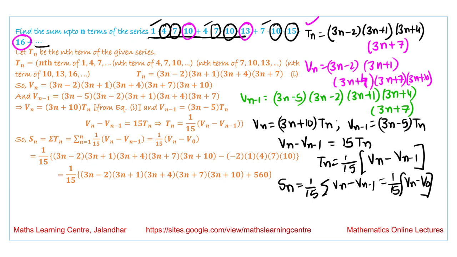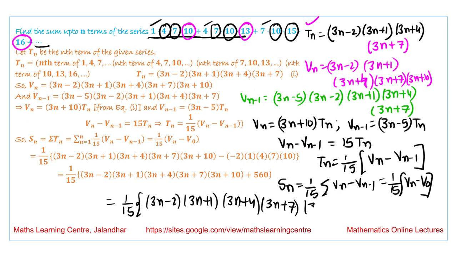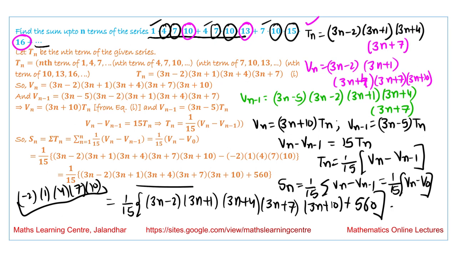If we substitute the values over here, we obtain 1 by 15 into 3n minus 2 into 3n plus 1 into 3n plus 4 into 3n plus 7 into 3n plus 10, plus the product of the terms, which is minus 2 into 1 into 4 into 7 into 10, and the product of all these values we get is plus 560. So this is the sum of this series. It is up to you how you want to calculate the sum of these series.